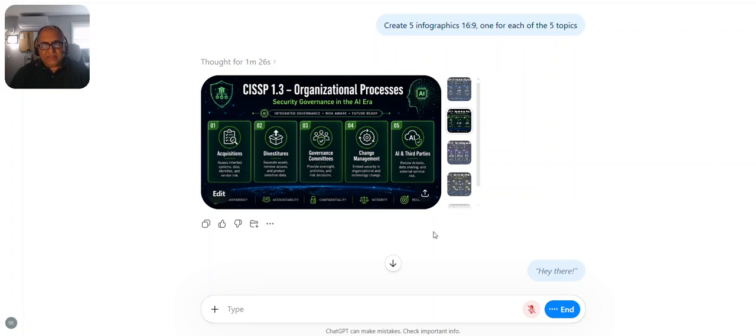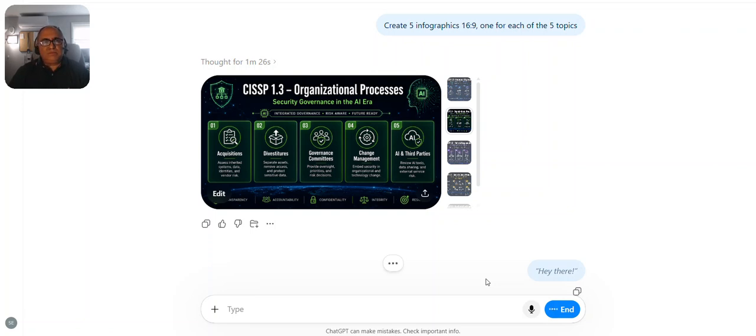So, continuing with this discussion, let's now move on to our second topic in this objective, which is organizational processes: acquisitions, divestitures, governance committees, and also I want to cover change management, AI, and third parties, and anything that has to do with organizational processes.